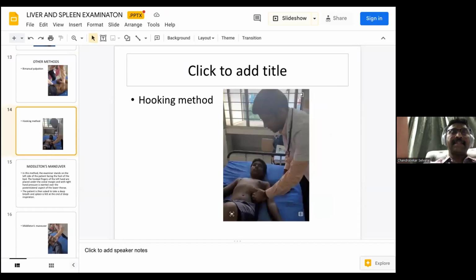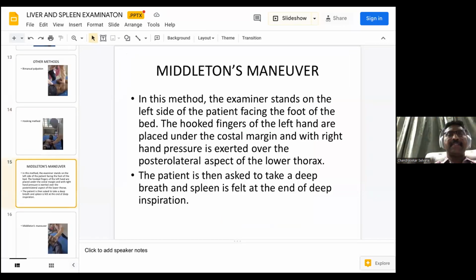There is yet another method called the hooking method, similar to the hooking method we have seen already with liver palpation. You need to come to the left side of the patient, and gently insinuate our fingers under the subcostal margin and look for the palpability of the spleen. There is one more method called Middleton's maneuver.